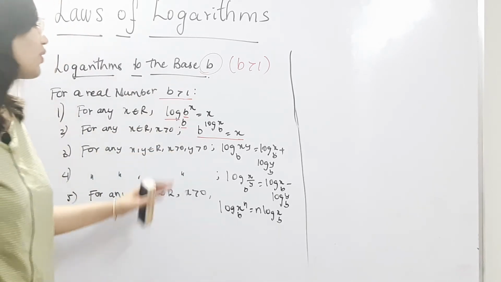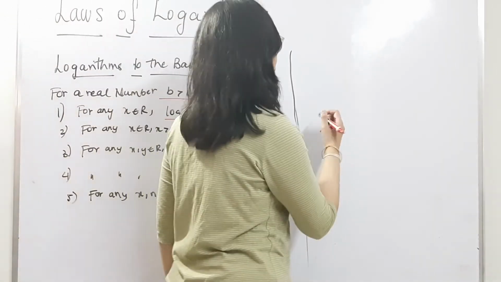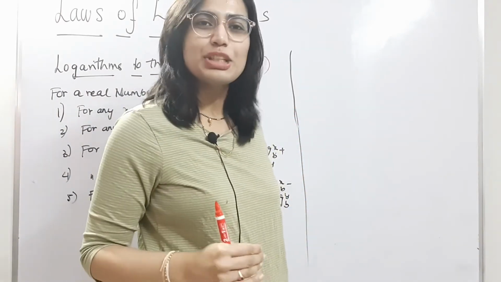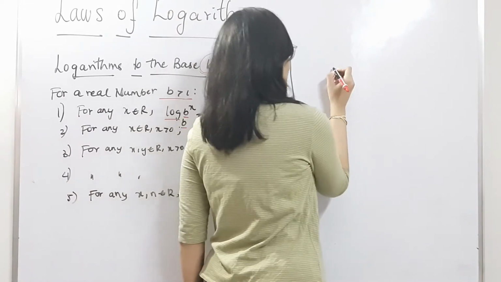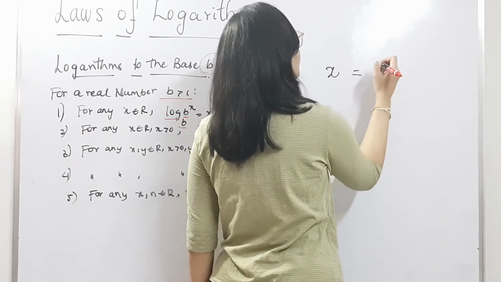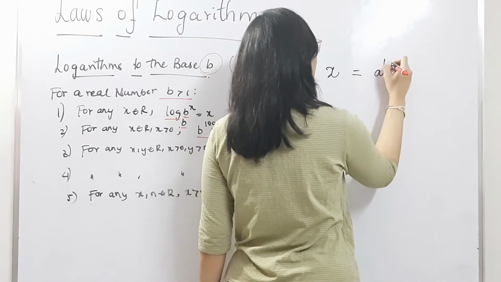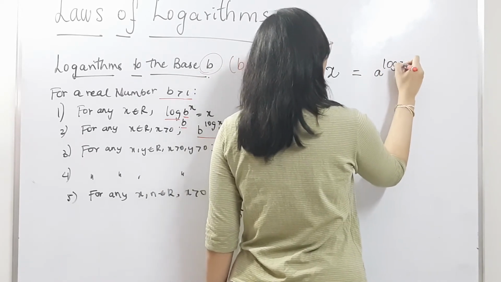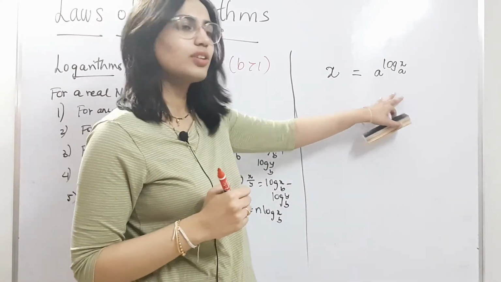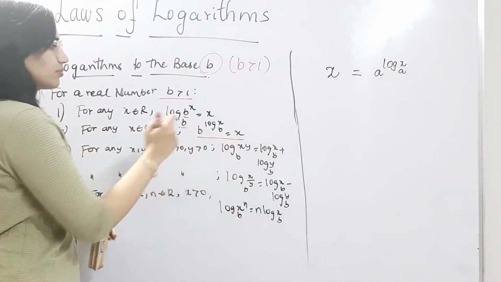Right. So with this knowledge in mind, I would like to take a step forward to deduce our next rule. For example, let's say x is equal to a to the power of log x to the base a. Right? This will give you x only, no? Based on this rule.